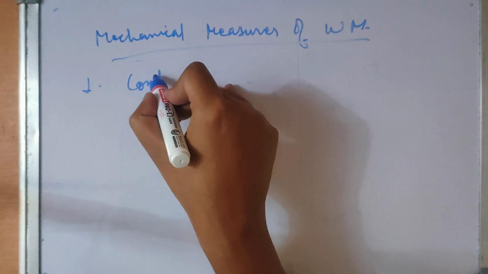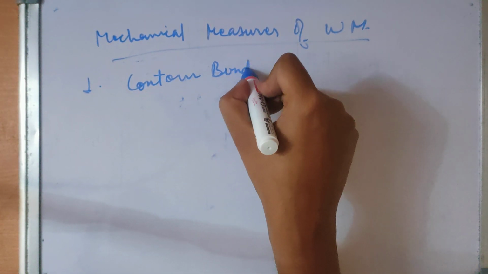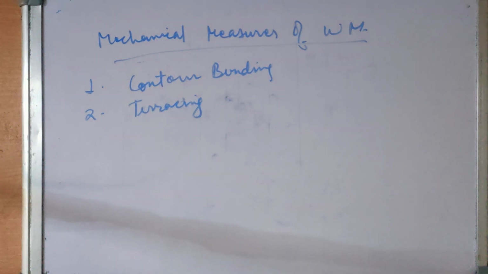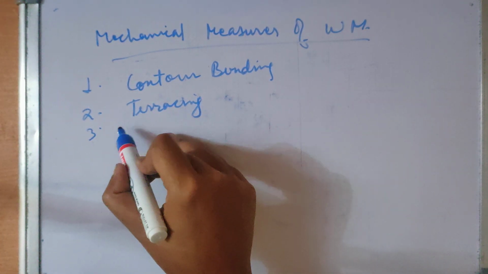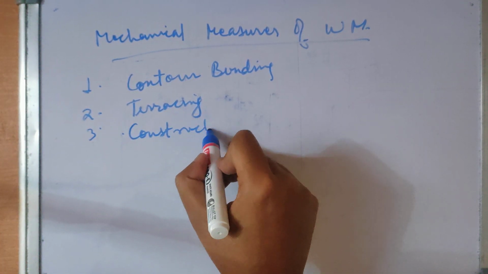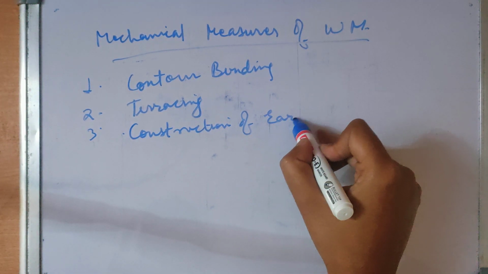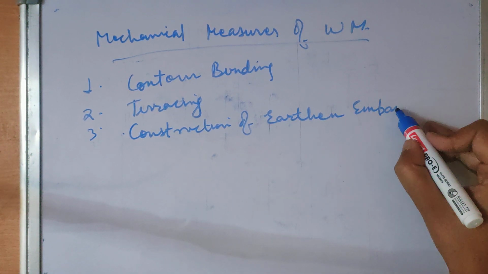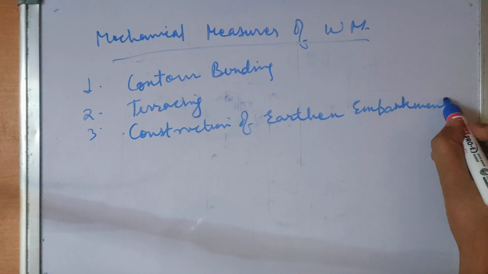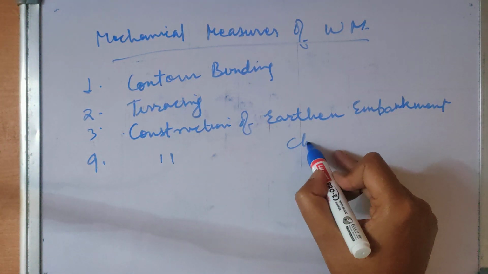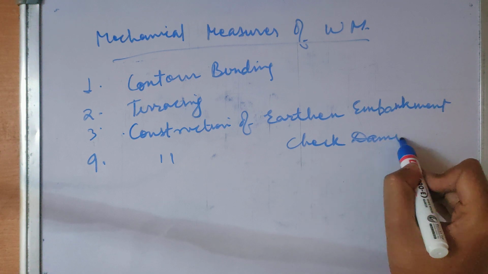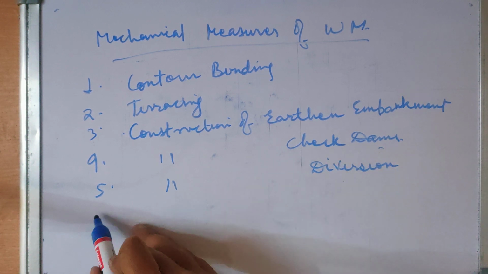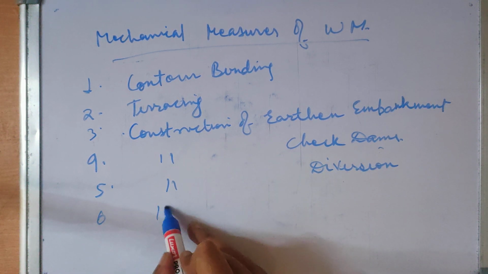First we can do contour bunding, terracing, construction of earthen embankments, construction of check dams, construction of diversions, gully control structures, construction of farm ponds.